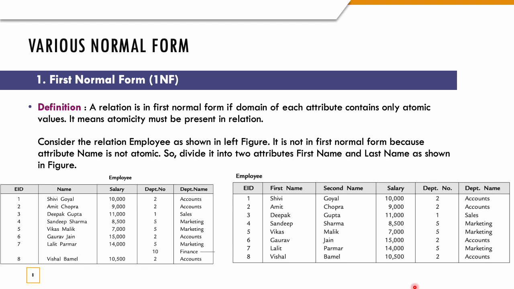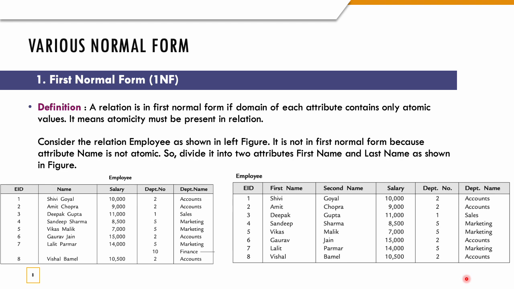Okay, so consider an employee relation table with a name attribute that combines first and last names. This name attribute is not atomic because it contains multiple pieces of information.